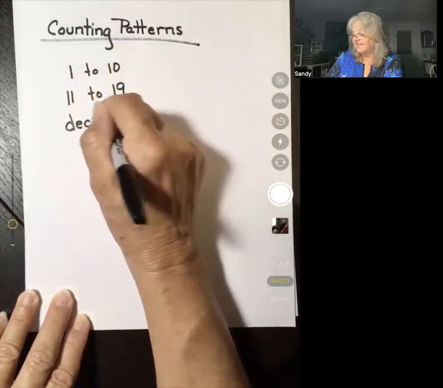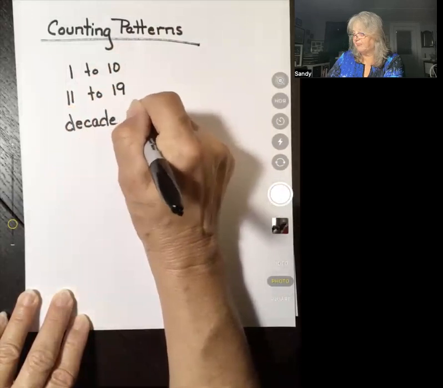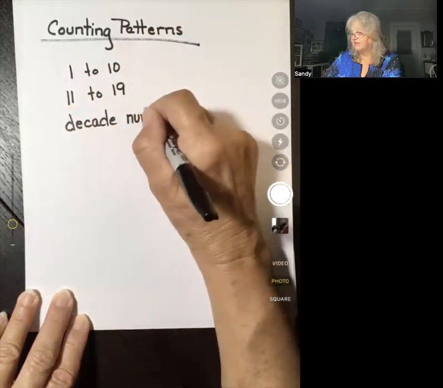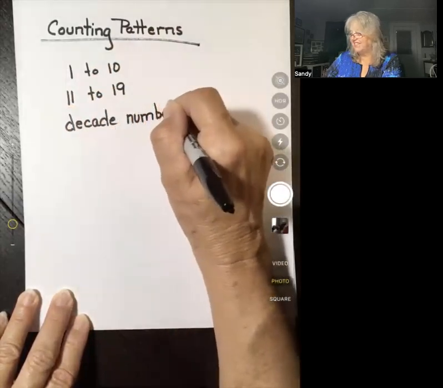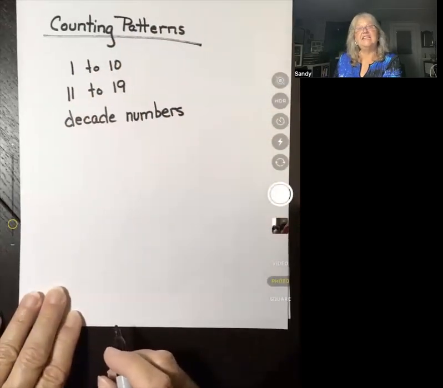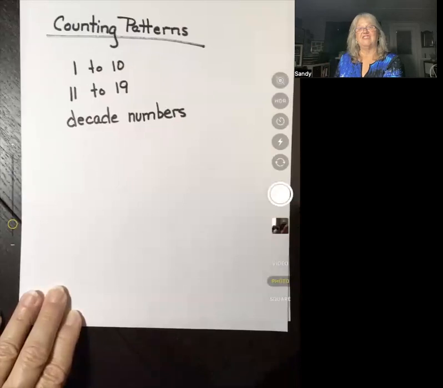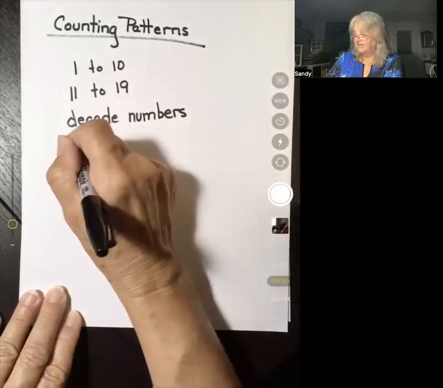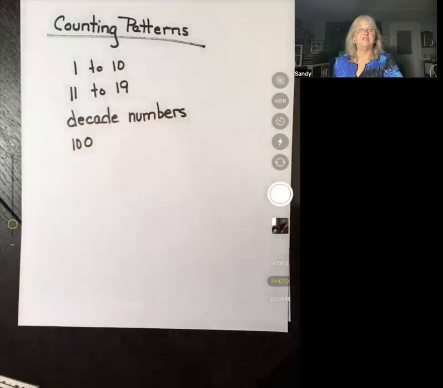So this would be 10, 20, 30, 40, 50, 60, 70, 80, 90. And then in kindergarten, by the end of the year, there is some desire for them to count to 100.